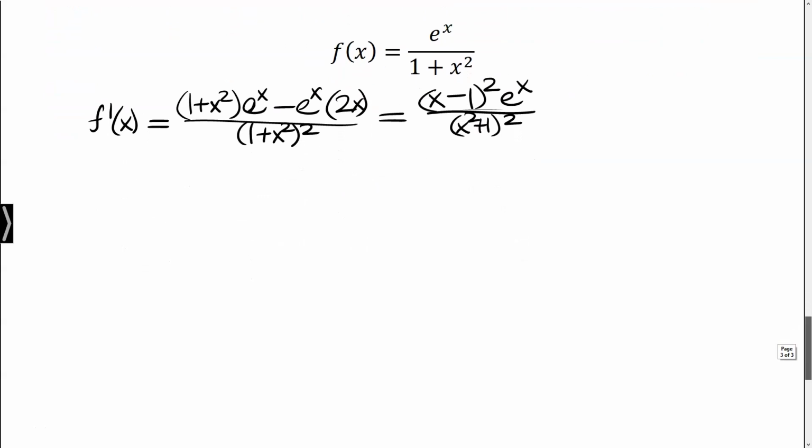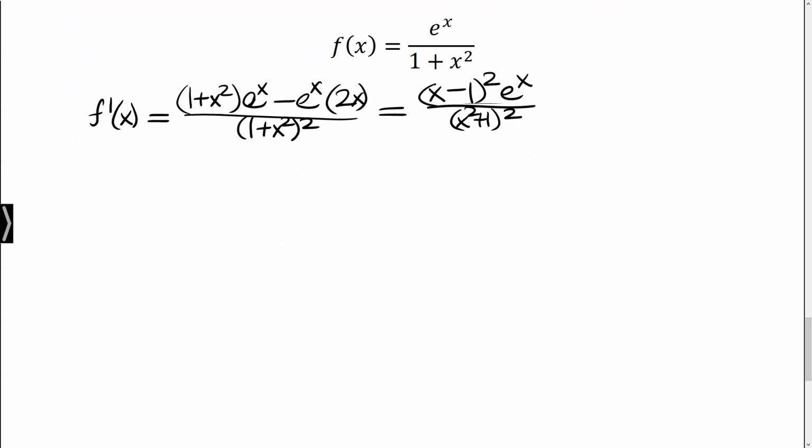So far, so good. Now, the second derivative is a little bit more involved. Let's see, what's the best way to do this? Actually, I think one way that might be better is to look at this as a product rule where the rational part is one factor and e to the x is the other.